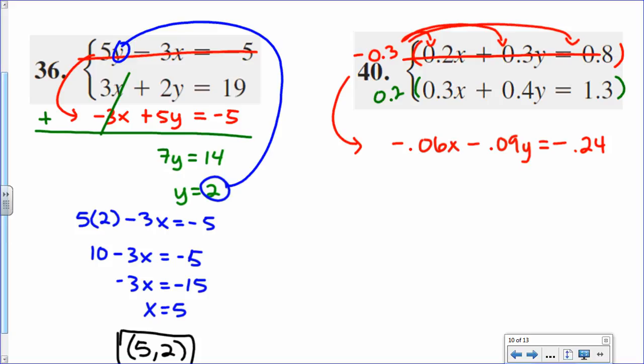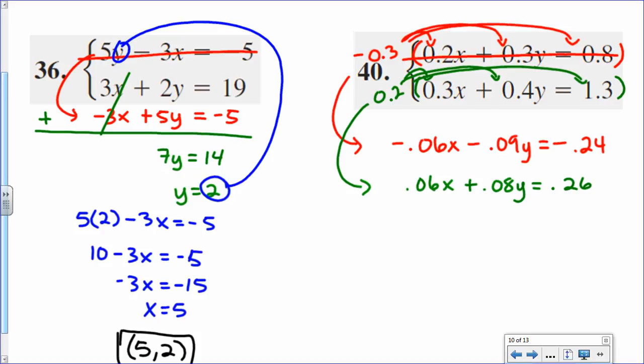Okay, so I took care of that one. Now I'm going to do the 0.2. So that's positive 0.06x plus 0.08y equals 0.26. I'm going to go a little fast here just to make sure to get through this.